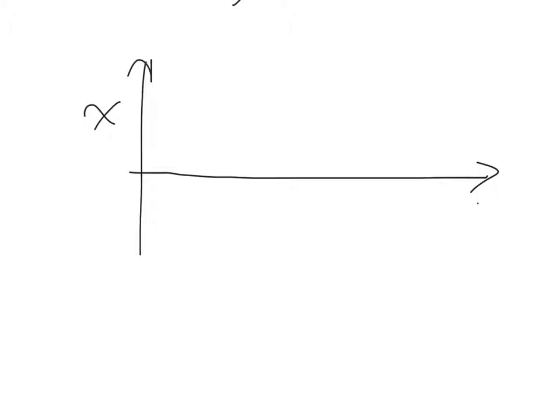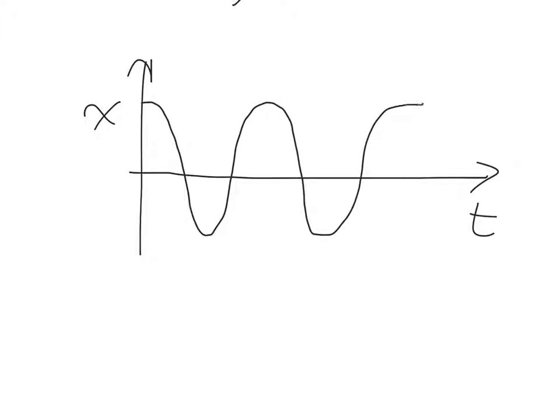Also, the frequency that you get does not depend on x0. So for example, if I'm making a graph of x as a function of time, and I'm doing the cosine function, and I have something like this, this quantity right here is x0, the maximum displacement.